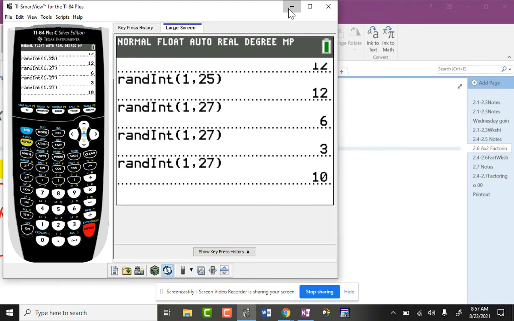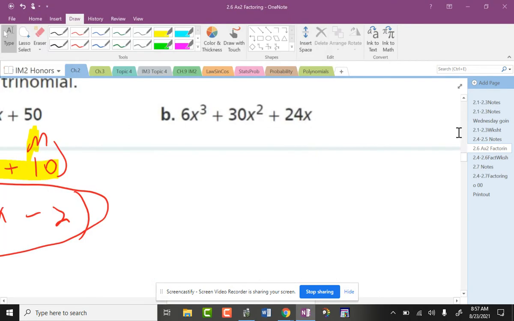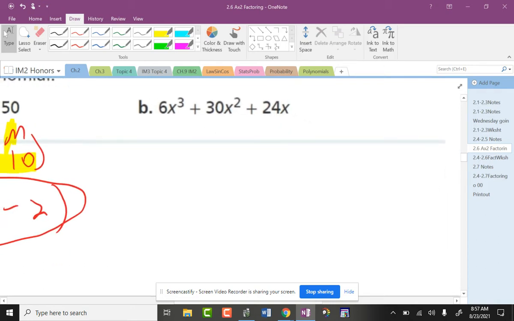Right, Emma? Emma, what's the greatest common factor from way back in the cheap seats? What's the GCF? 6. 6, and then what else? Otherwise, you're going to cause yourself problems. 6x. And then there you go yet again.